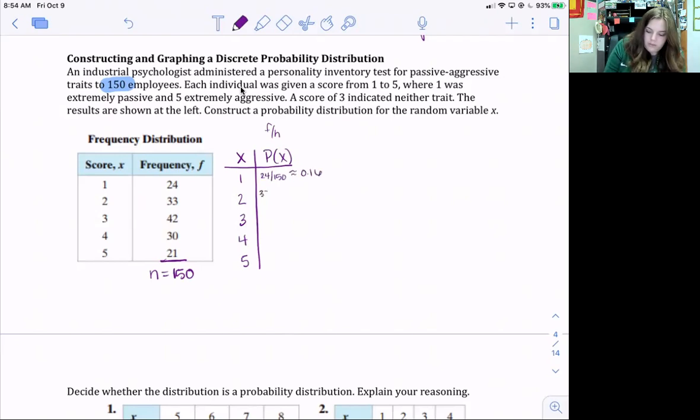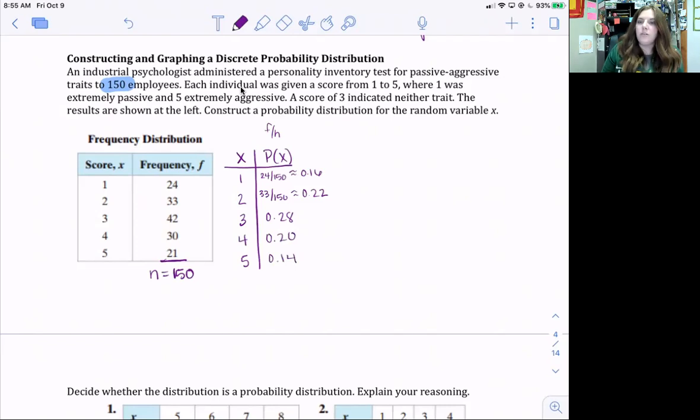Then 33 divided by 150. We're going to say it's approximately 0.22. And continue that all the way down. So 42 divided by 150, 0.28. 30 divided by 150 is 0.20. And 21 divided by 150 is 0.14.